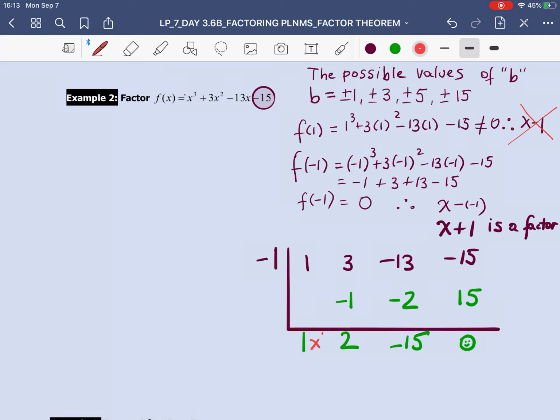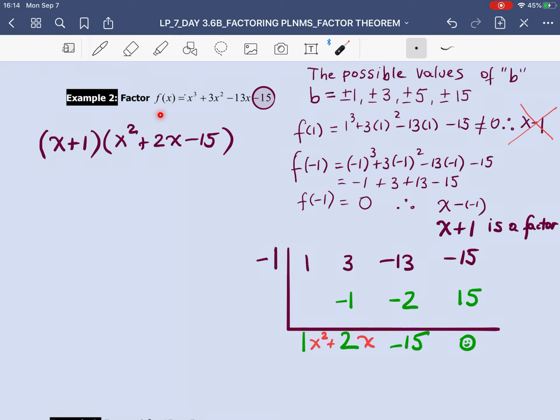So the rest of the terms in here will have the variables x squared, x, and the last is a constant term. So we're going to say so far we have managed to factor the polynomial into two factors, x plus 1, x squared plus 2x minus 15. Now, you probably are thinking that, okay, so should I use the factor theorem here?